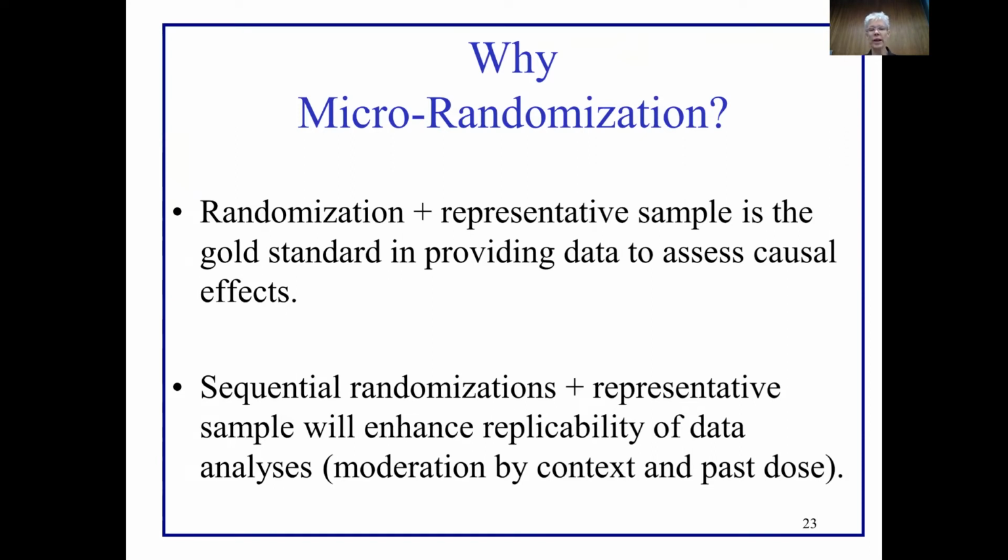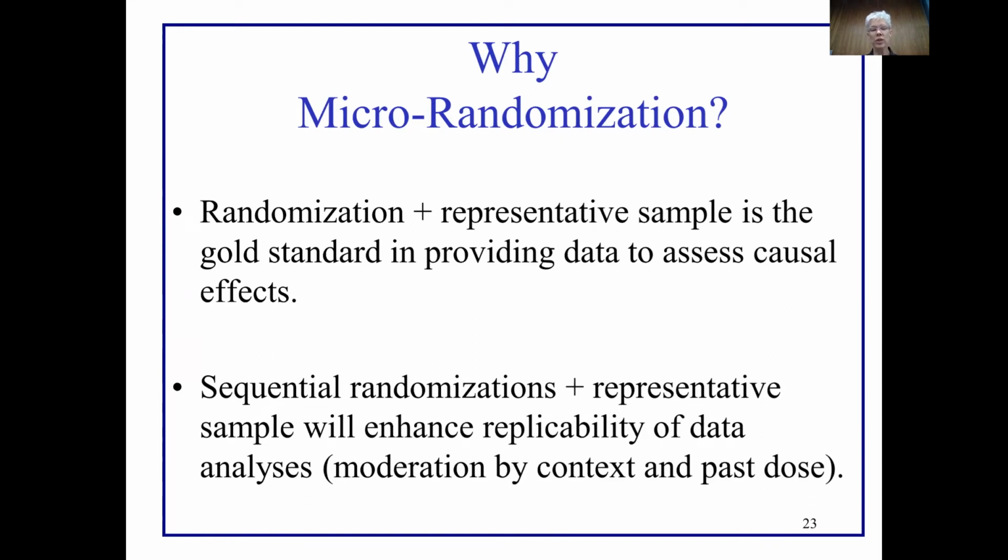So why are we randomizing? We know that randomization plus a representative sample of participants is a gold standard in providing data to assess causal effects. And we're really interested in what is the cause. Does this contextually tailored activity suggestion really increase step count versus no suggestion at all?